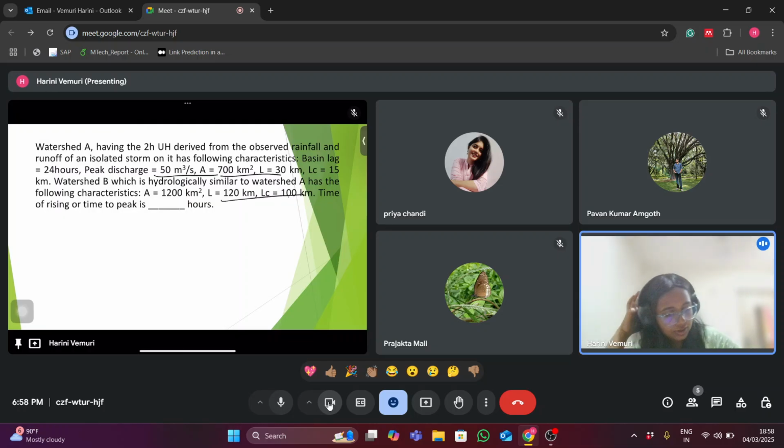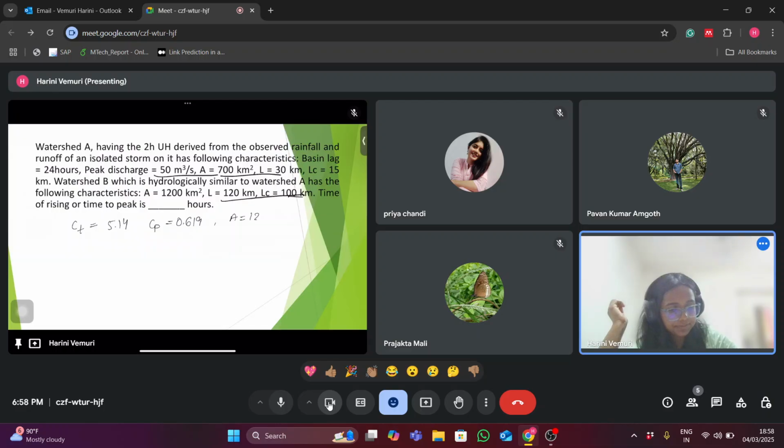Then they are asking us to calculate the time of rising or time of peak in hours. As we have previously seen for watershed A, the Ct value is 5.14 and Cp is 0.619. So this will be applicable for watershed B since they are hydrologically similar.